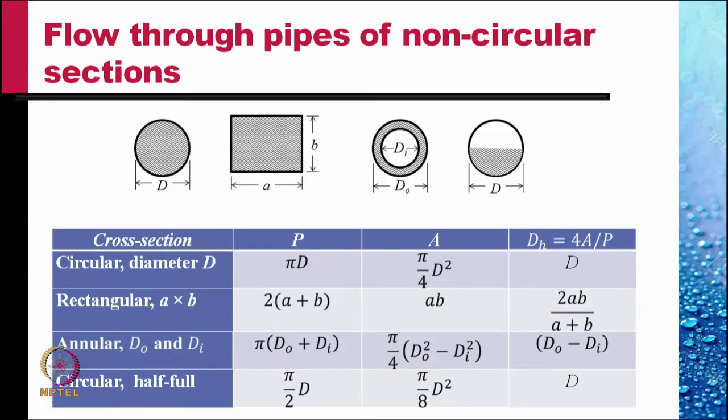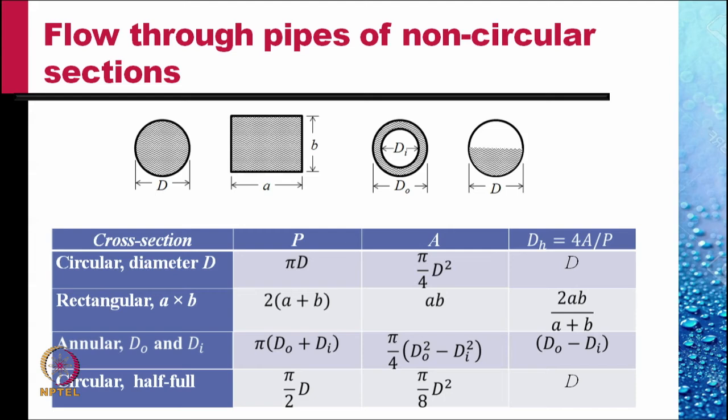In this slide, we have shown the calculation of the hydraulic diameter DH for 4 different shapes. First, a circular pipe in which the hydraulic diameter comes out as the diameter of the pipe itself. For a rectangular pipe, it is twice AB divided by A plus B, as was shown in the last slide as well.